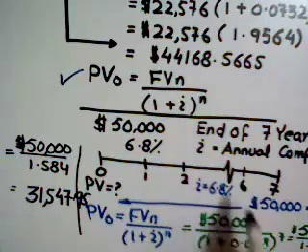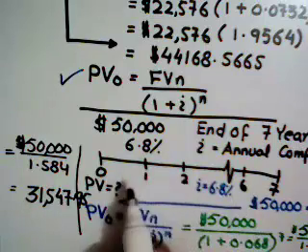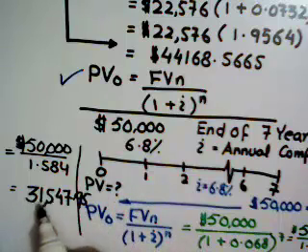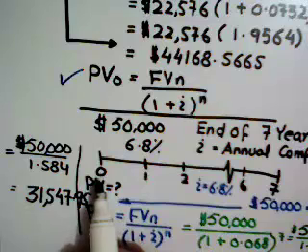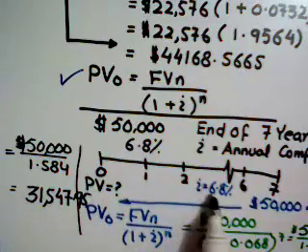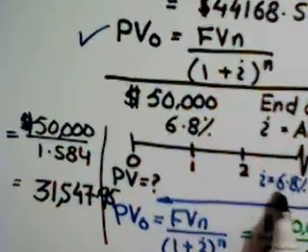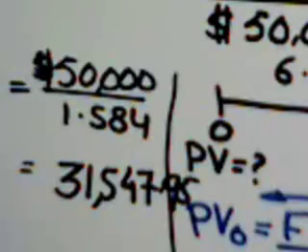So this means that if I have $31,547.95 today and I invest that money in a bank account which pays 6.8% annual compound interest, I would have 50,000 at the end of 7th year.